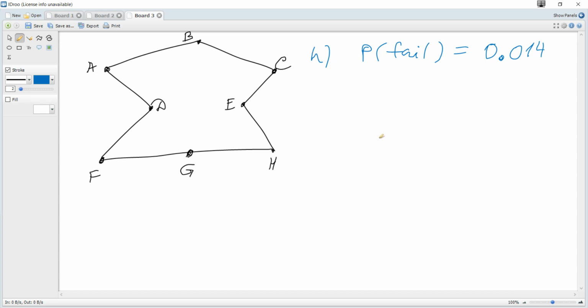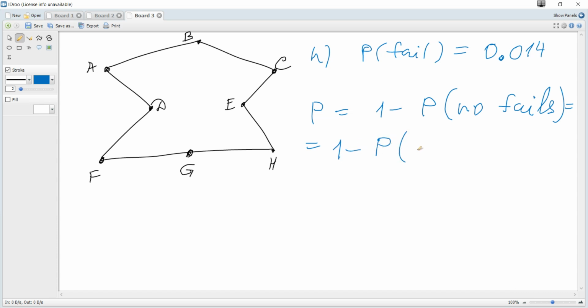So probability of fail, it can be found as, actually there are a few ways, but I want to find it as 1 minus probability of no fails. And no fails, it can be what?